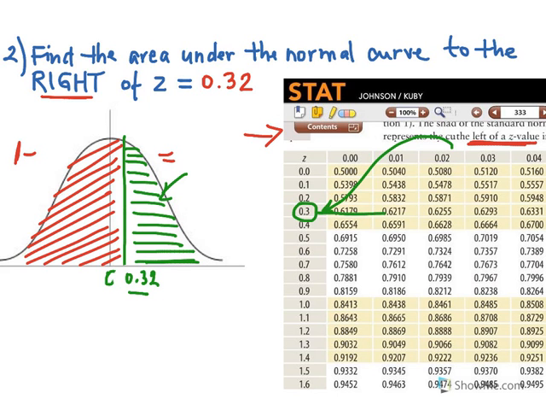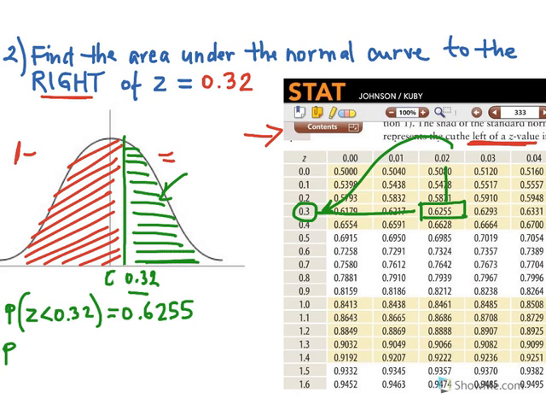We go across, and where we find the cell that matches the column of 0.02, we get our area. So the probability of z smaller than 0.32 is 0.6255.